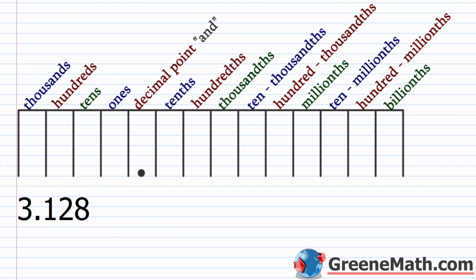So we have 3.128. So the 3 is obviously in the ones place. And we have our decimal point. And then we have a 1 in the tenths place, a 2 in the hundredths place, and then an 8 in the thousandths place. All right, so let's label this. So 3 again is in the ones place. Of course, we know that position already.